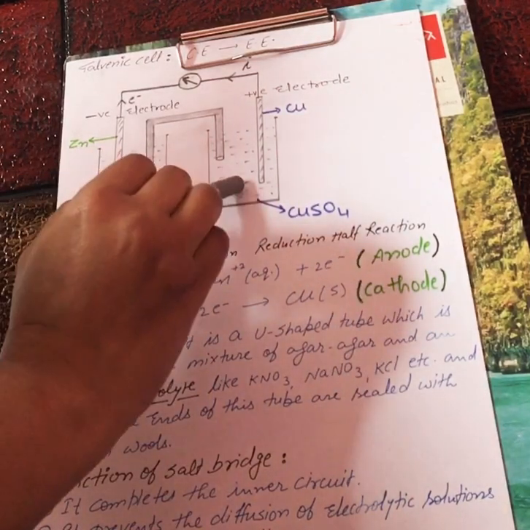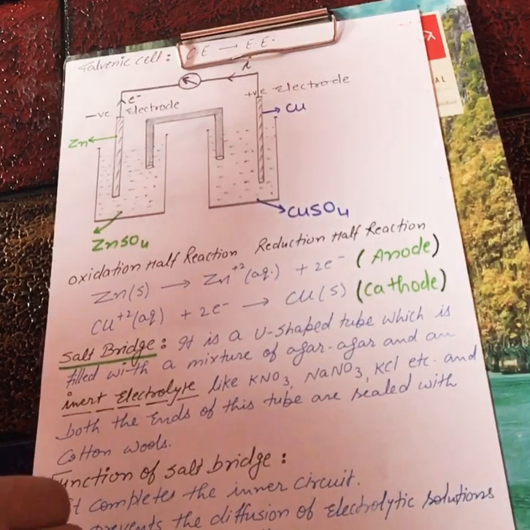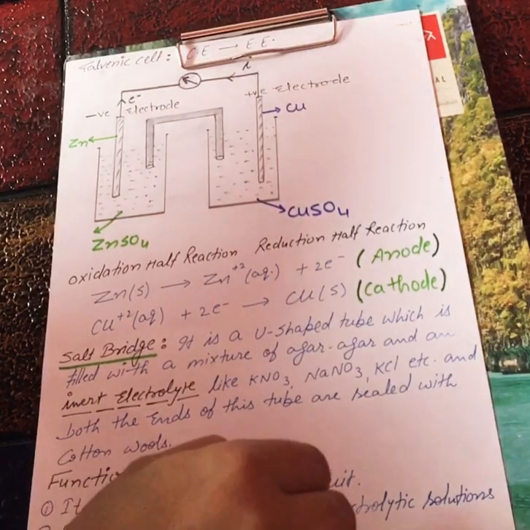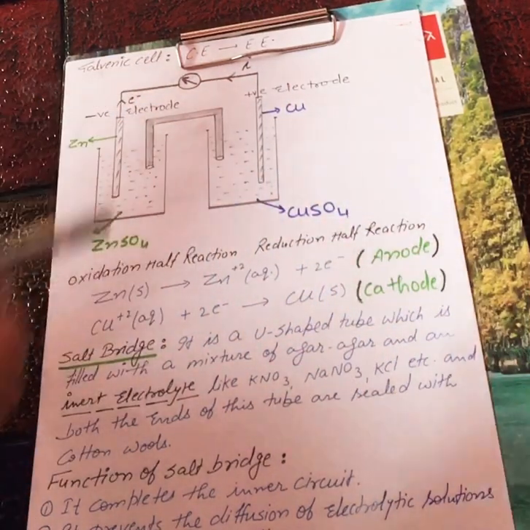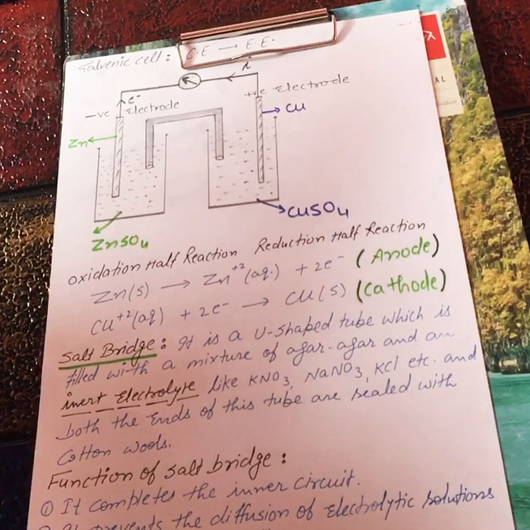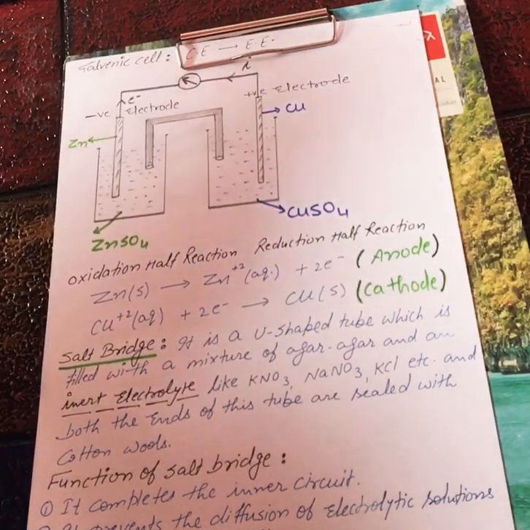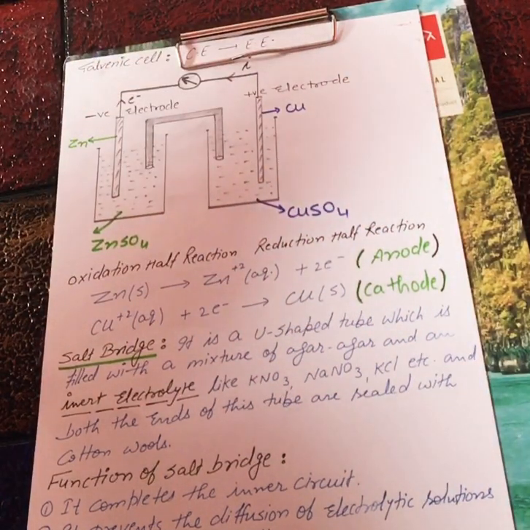Two half cells में intermixing ये break करेगा. It maintains electrical neutrality in the two half cells. It completes the inner circuit, by which we can say the salt bridge is compulsory for maintaining the circuit.